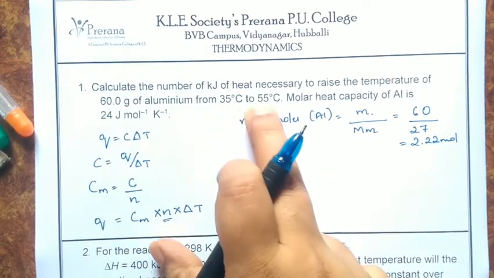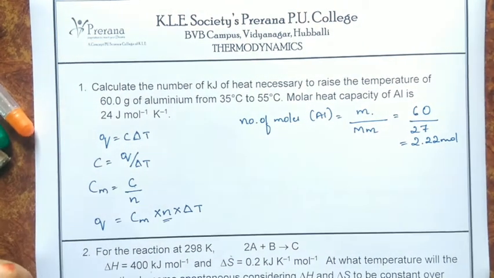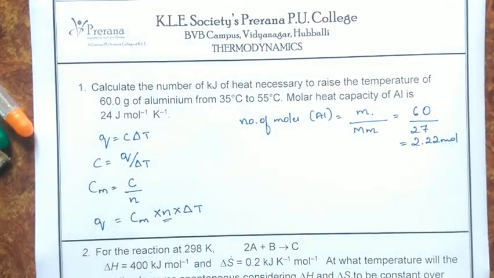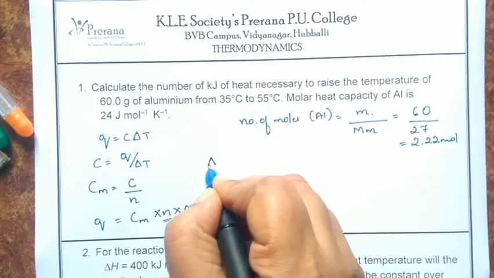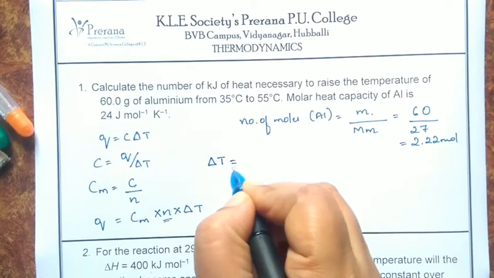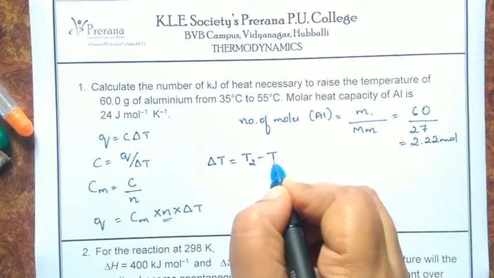For delta T, either you can convert to Kelvin and write it, or you can directly take the difference. It is not necessary to always convert to Kelvin, because we are calculating the difference. The difference in temperature, delta T, is nothing but T2 minus T1.